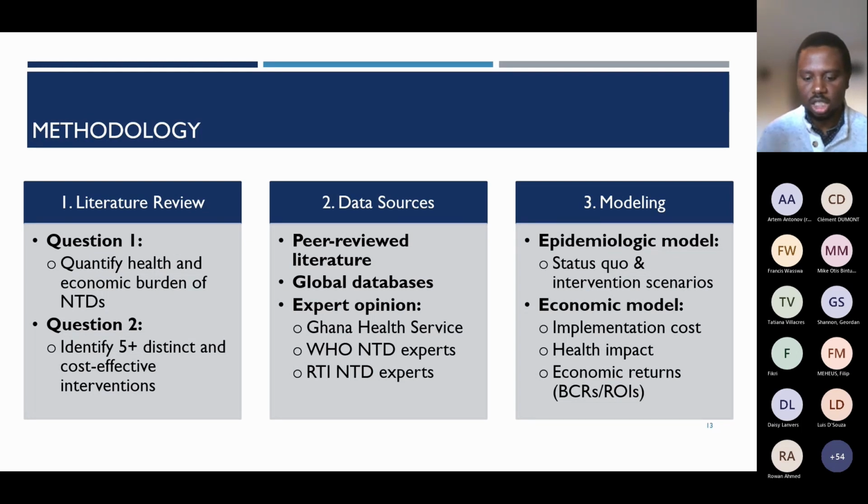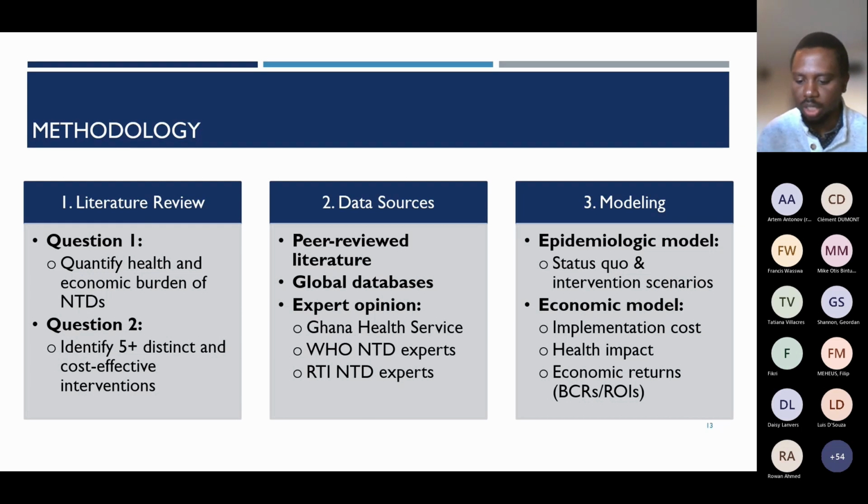The modeling is in 2 parts. We have an epidemiologic model, which we use to forecast the prevalence of these 3 NTDs from 2020 to 2050, and also look at what happens with each intervention, how that changes the projected prevalences using a regression-based approach.